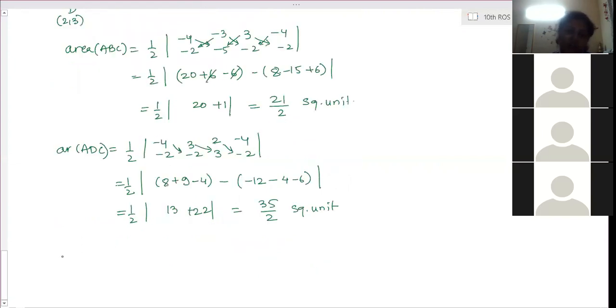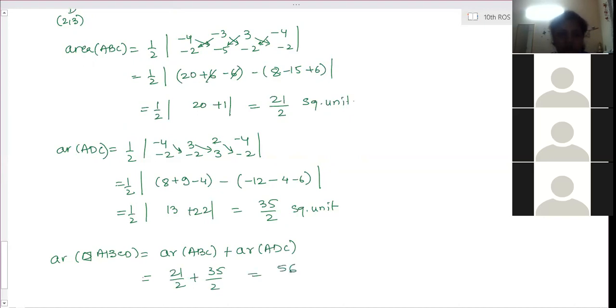Then area of quadrilateral ABCD is equal to area of ABC plus area of ADC. I got ABC's area 21 by 2 and ADC 35 by 2. So it is 56 by 2, which is 28 square units.